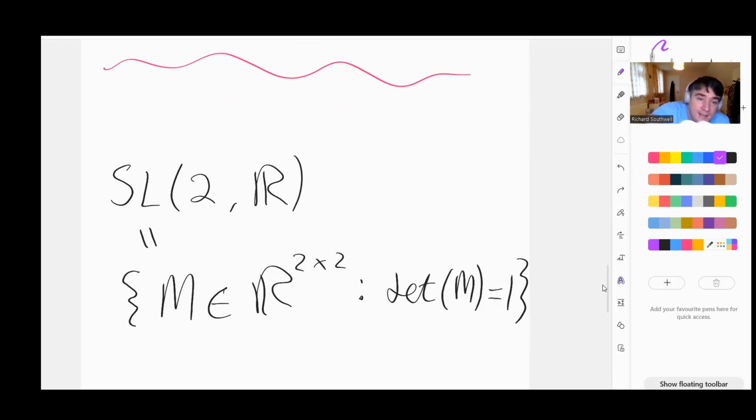And so the special linear group sits inside the general linear group, and it's quite a lot easier to understand in some ways, but in other ways, at least in this case with these real matrices, a lot of the behavior that we see in the special linear group is quite similar to the behavior of the general linear group.